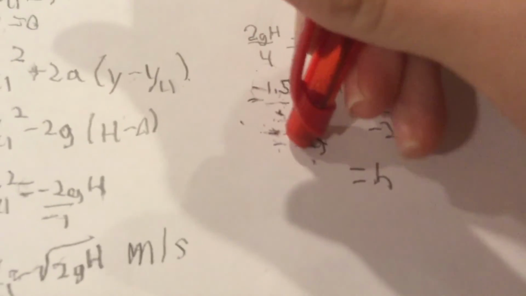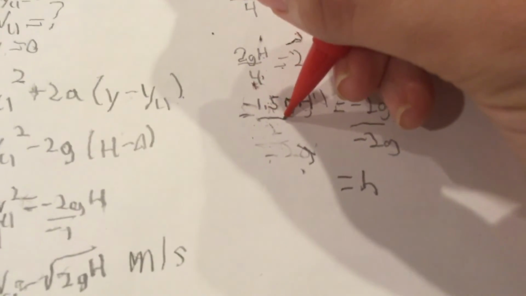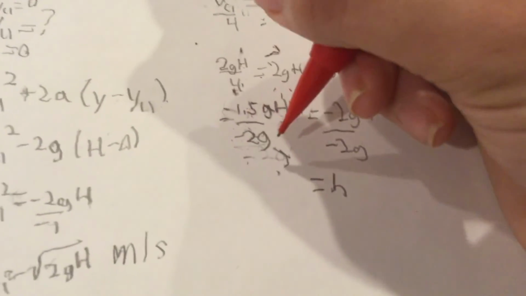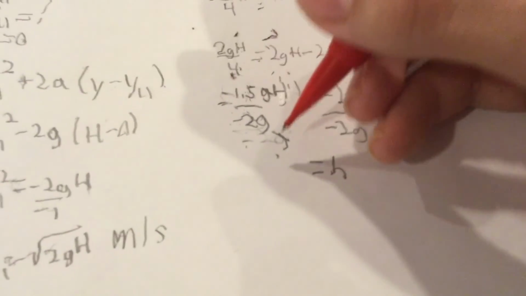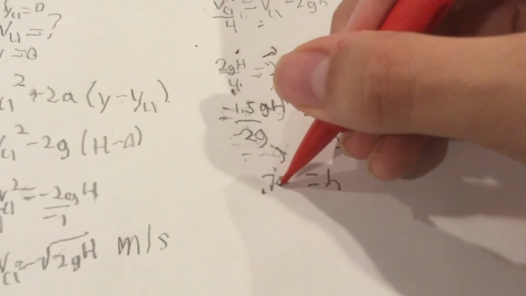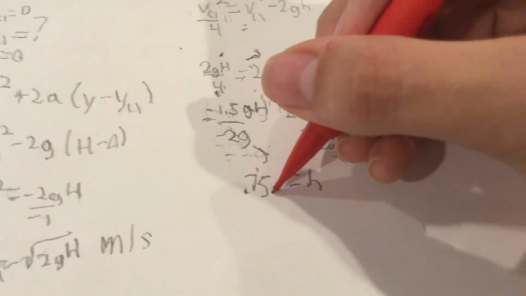Sorry, it's just 1.5, and we already divided by the 2. So it'll be negative 2g. And that's going to equal 0.75 h.